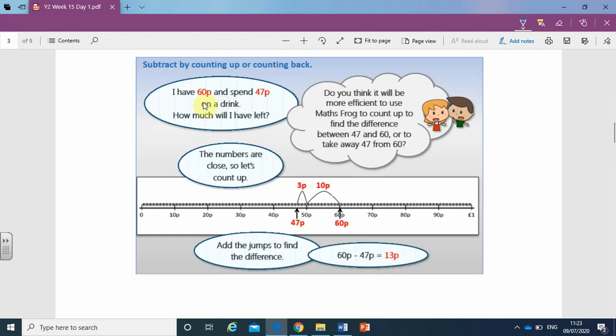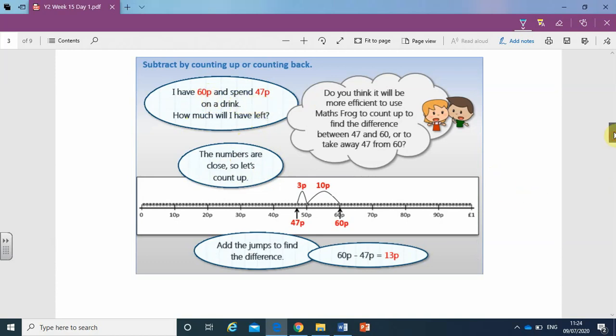So we'll look at another one here. I've got 60 pence and I spend 47 on a drink. How much will I have left? So our sum we know is 60 take away 47. These numbers are so close, so we know that 60 and 47 are close.